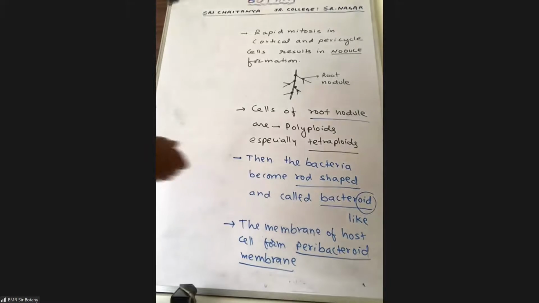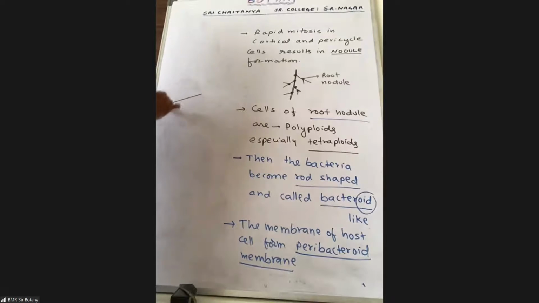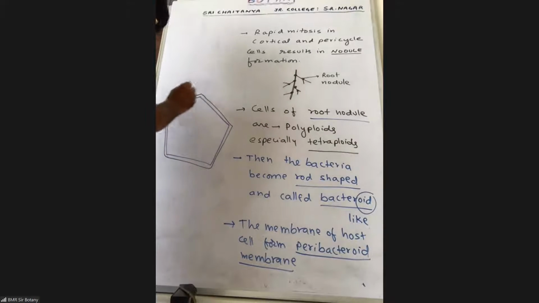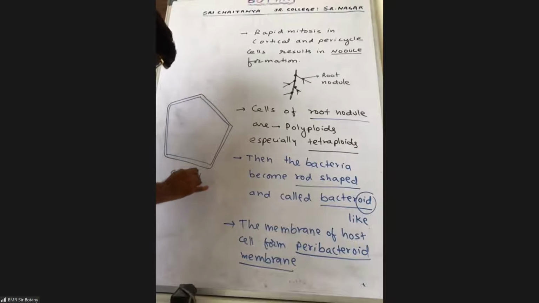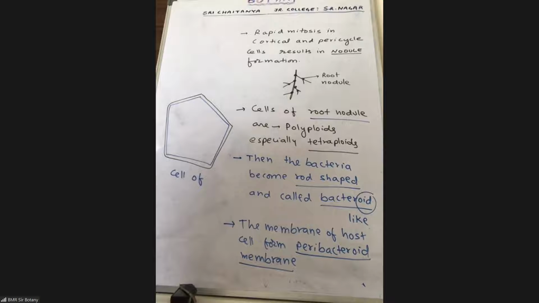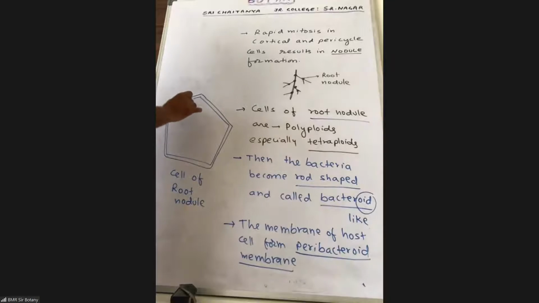Let us take this is a cortical cell, its membrane. So it is a cell of the root nodule. Able to see the diagram? Okay, cell of root nodule. In that, bacteria which are rod-shaped are with a membrane around.